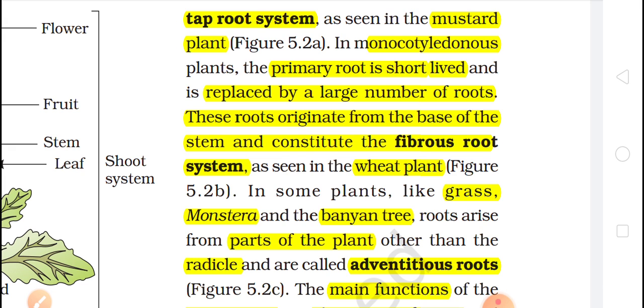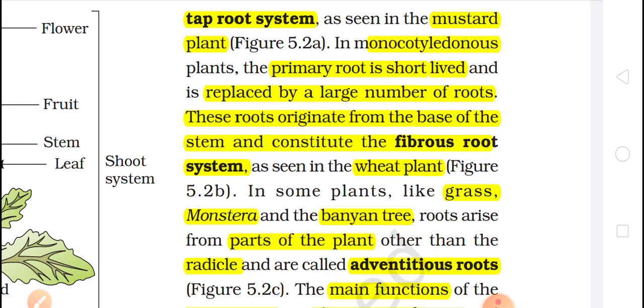Second, adventitious root system. Children, these adventitious roots originate or develop from parts other than radicle, meaning they do not develop from the radicle. So these are not true roots. Those roots developed from radicle are true, and those not developed from radicle are false.